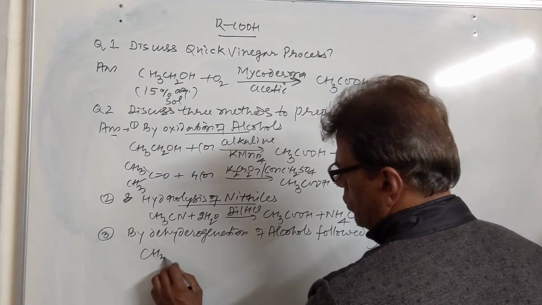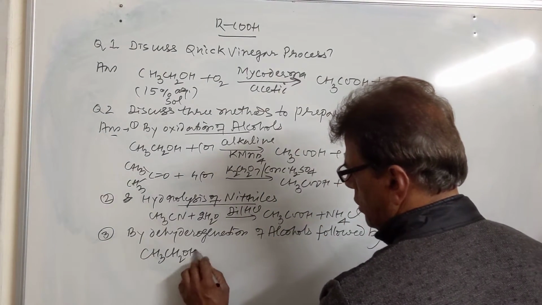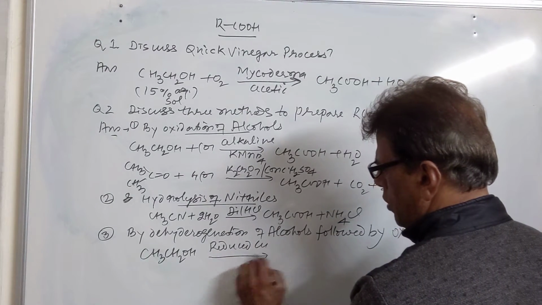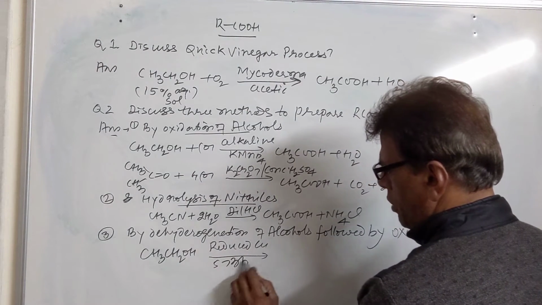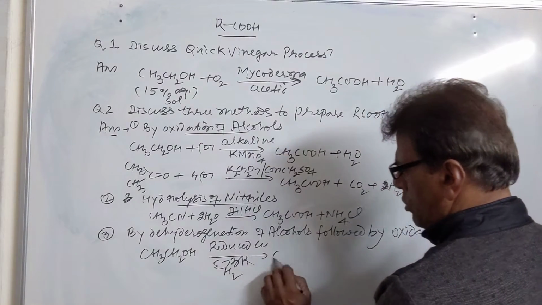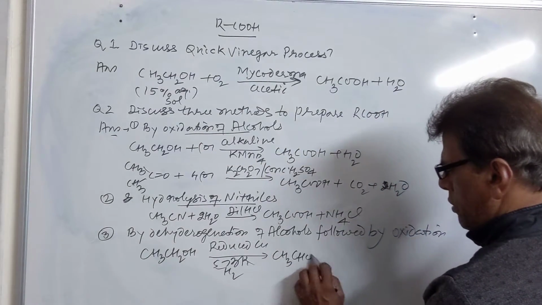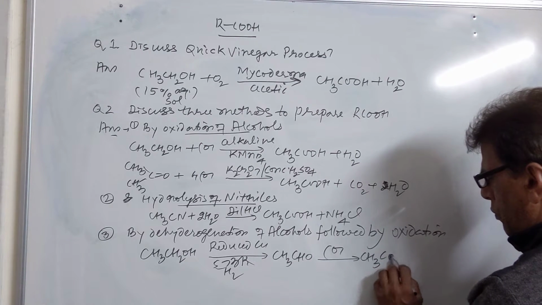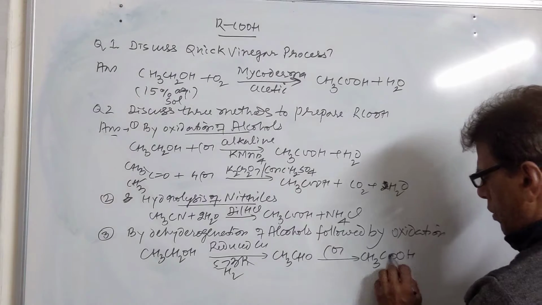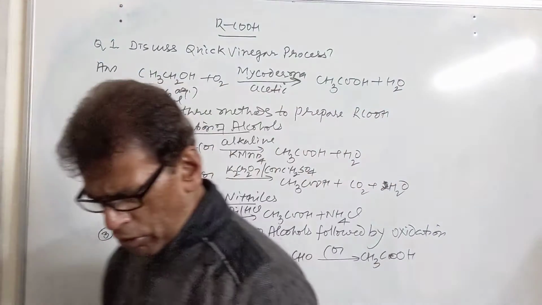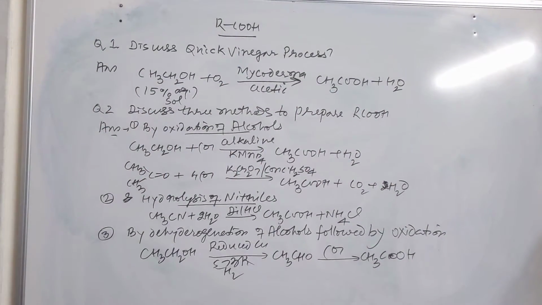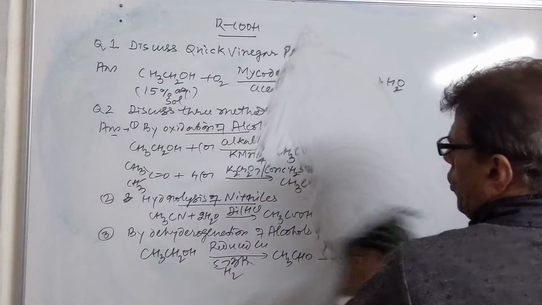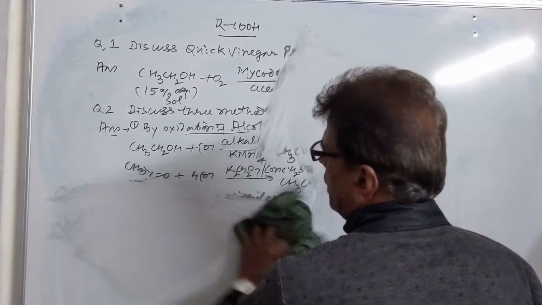When alcohol CH3CH2OH is passed over reduced copper at 573 Kelvin, it will eliminate hydrogen and will give you aldehyde. This aldehyde is further oxidized by alkaline KMnO4 to give you carboxylic acid. So these are the few important methods of preparing carboxylic acids. We have discussed up to now 4 very important methods.